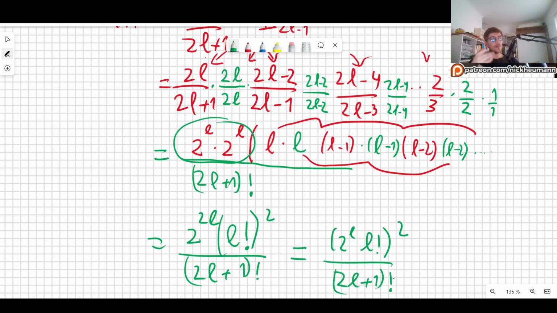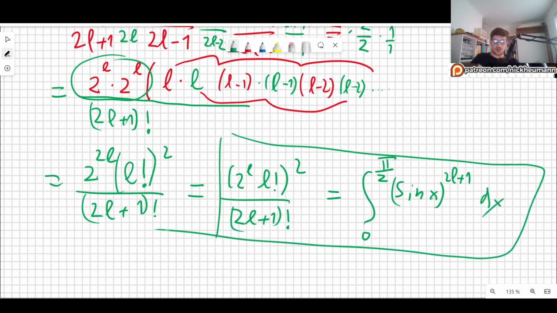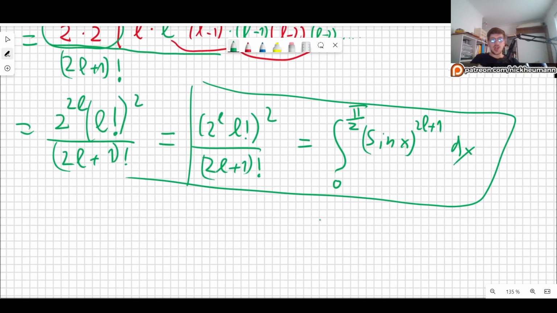And this, my friends, is the formula. So if you have the integral from 0 to pi over 2 of sine of x to any odd power, then this is the formula that gives you the result. All you need to do is plug in L.